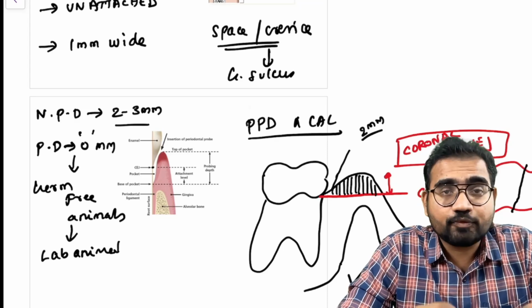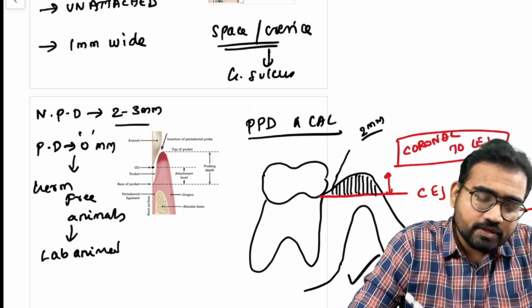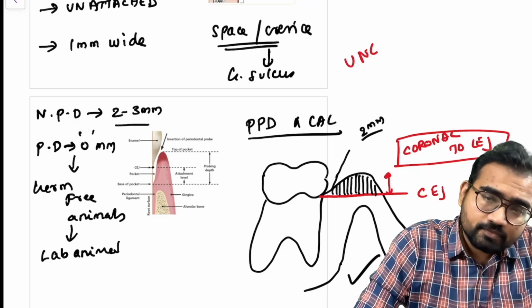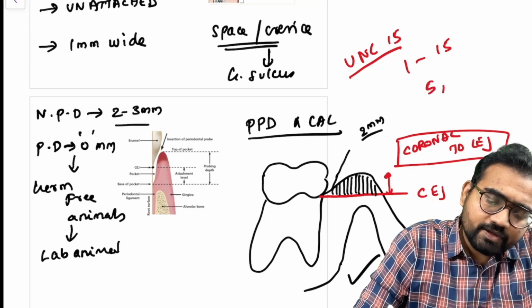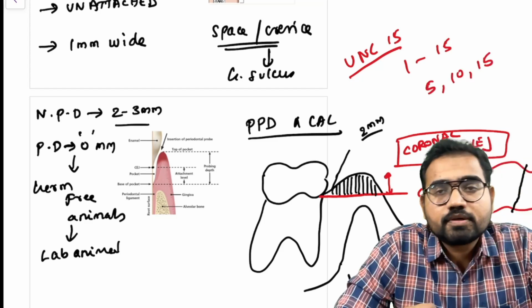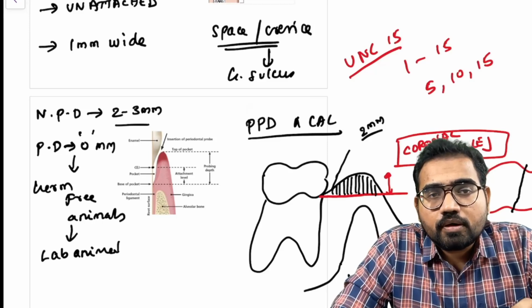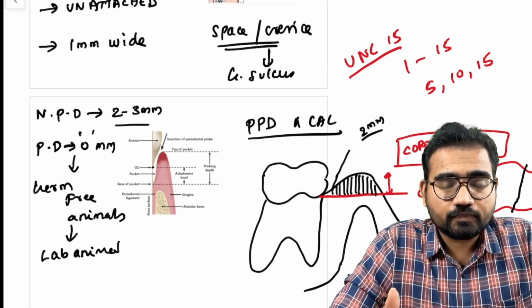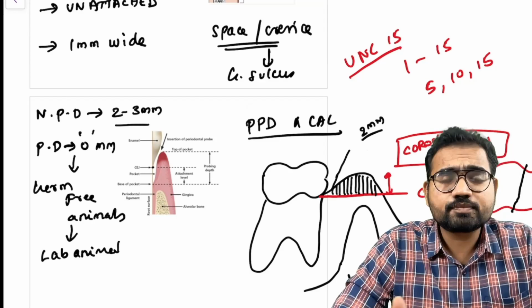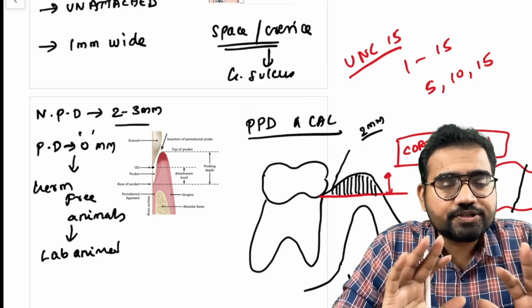In those cases I'm going to use UNC 15 probe, markings from 1 to 15, dark bands at 5, 10 and 15. So I use this probe in case of probing depth more than 10 mm, where I cannot use the Williams probe. The Williams probe and the UNC 15 probe are first generation probes.